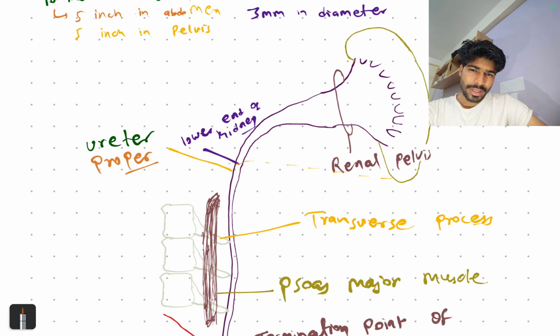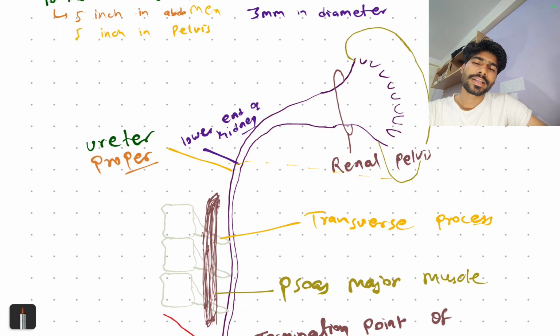All right. And in the ureter, we can see there is a renal pelvis, and that continues as the ureter. All right. So the lower end of the kidney is the point from which the ureter proper starts. So if we draw a straight horizontal line from the lower pole of the renal pelvis to the ureter, we will get the site below which the ureter proper started.